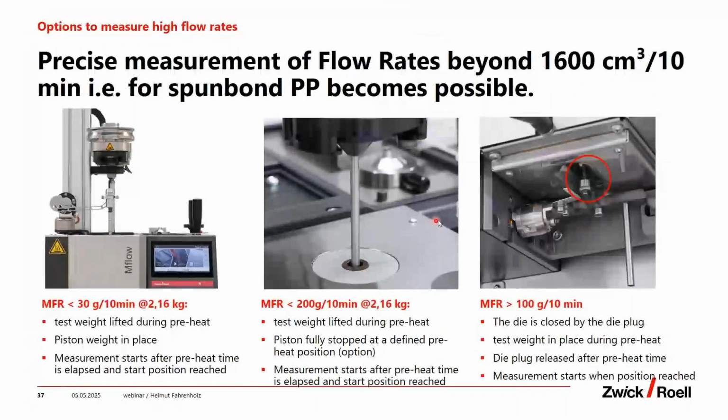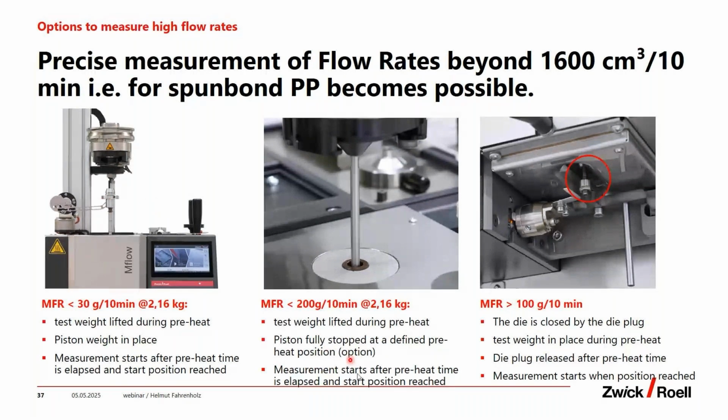Yeah, and then we come to this slide here. This is finally the different options. So when you measure melt flow rates, let's say below 30, then you normally can just put the piston weight in place, and you can control everything with the piston weight.